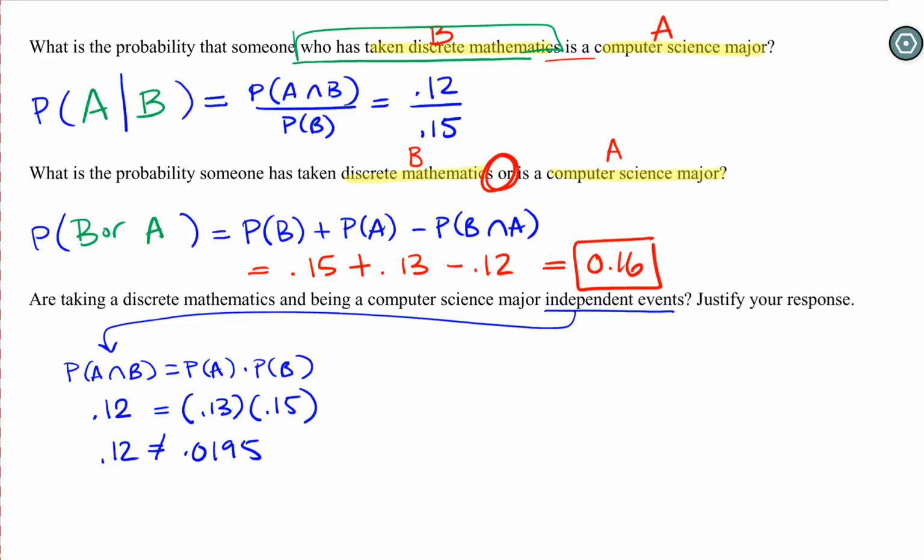If you think about statistics land, if this were 0.12 and 0.11, right, 12% and 11%, statistically, those are probably not different enough. But mathematically, 0.12 and 0.11 are not the same thing, and this is a pure math section. So those of you pure math people, remember, there are right and wrong answers, and everything is very cut and dry in this particular section. So since this does not equal, no, they are not independent.